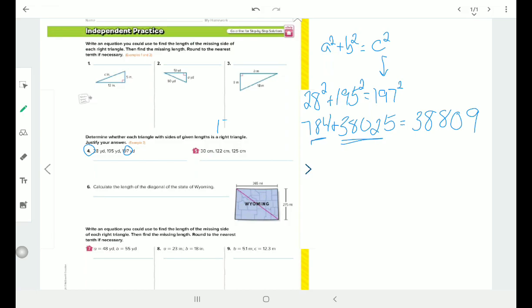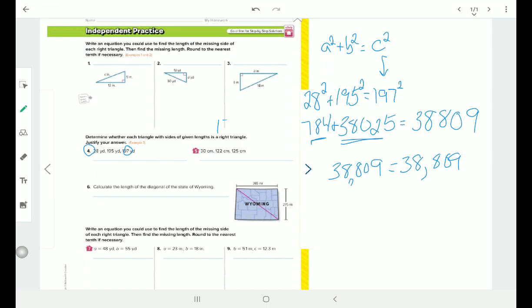So 784 plus 38025 gives me 38809. And notice the other side was also 38809. Since it is the same on both sides, yes, this has to be a right triangle.